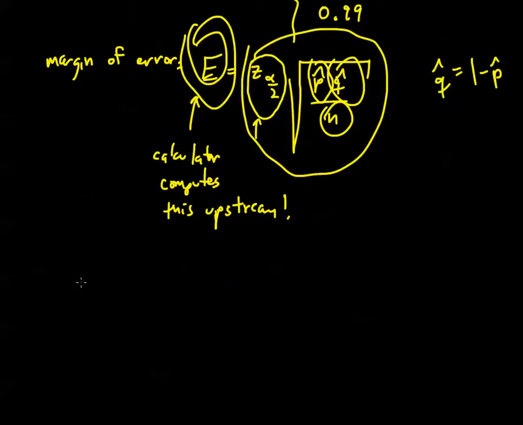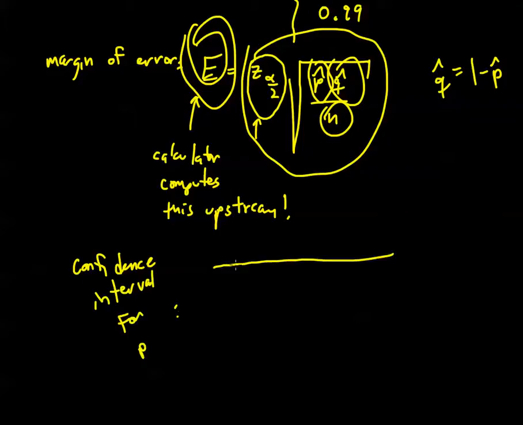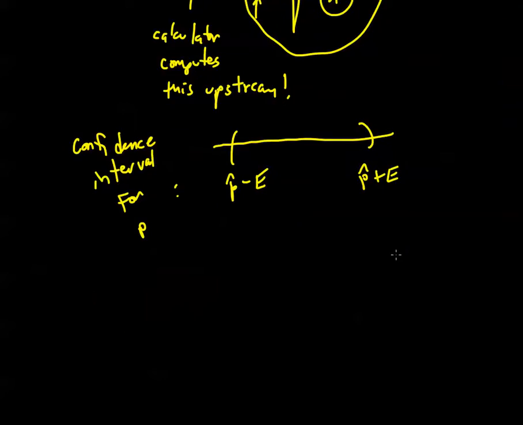Our confidence interval for p can be expressed in a few different ways. It can be expressed graphically, as we saw before, as a range of values depending on p hat and our margin of error.